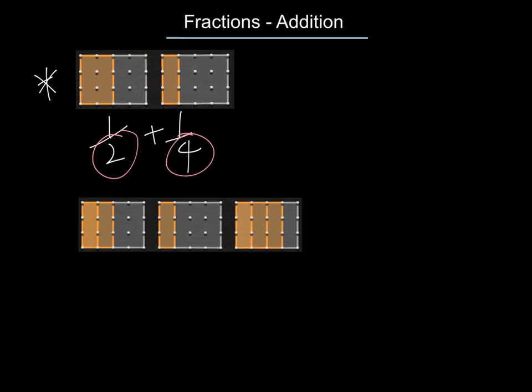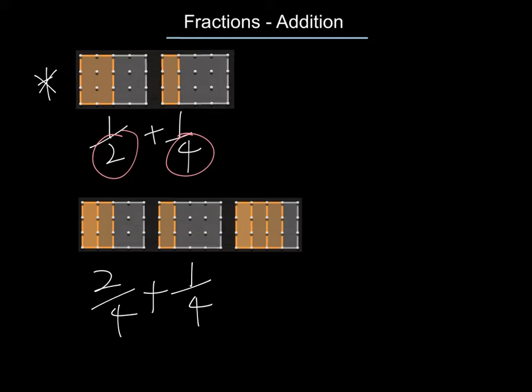So let's look at 2 and 4. The smallest number that they both go into is 4. So that means I can keep the quarter because that's already in quarters. With the half, I need to change it into quarters. If I double both the numbers, multiply the 1 and the 2 by 2, I get 2/4.